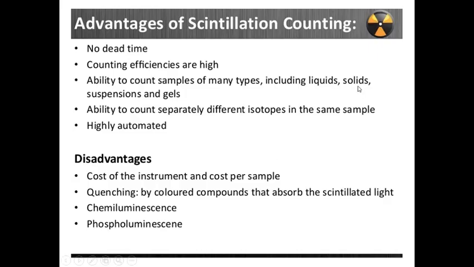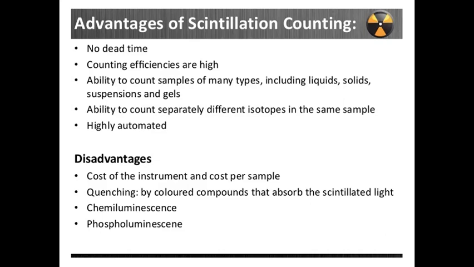Now these are some advantages of scintillation counting. In scintillation counting there is no dead time like in a Geiger-Müller counter. There is a dead time there, but in the scintillation counter there is no dead time. Counting efficiency is high. There is the ability to count samples of many types including liquids, solids, suspensions and gels.